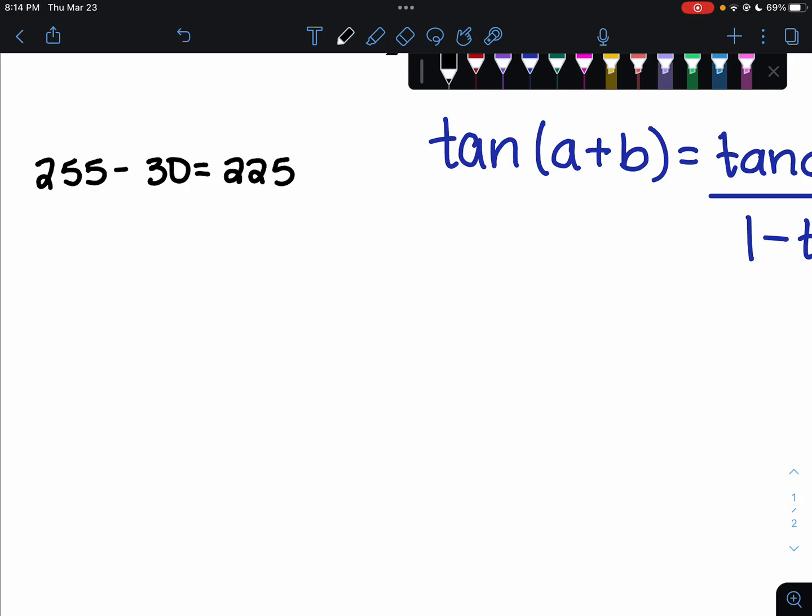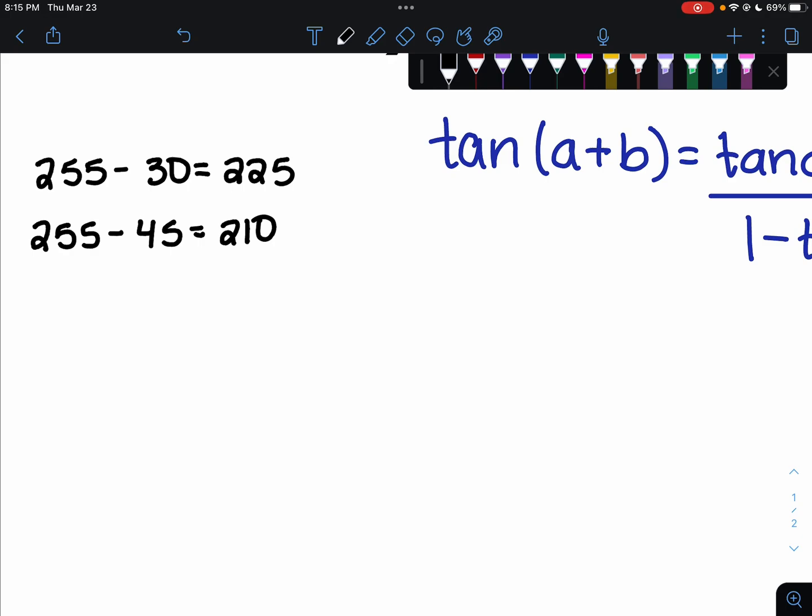If we think about 255 minus 45, that gives us 210. We could use that pair as well. And 60 we could not use. If we tried 90 we could not use, so it's probably just these two right here.